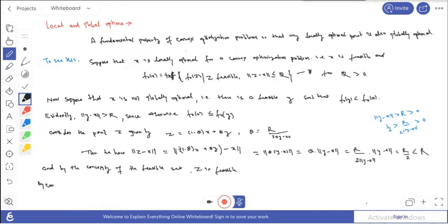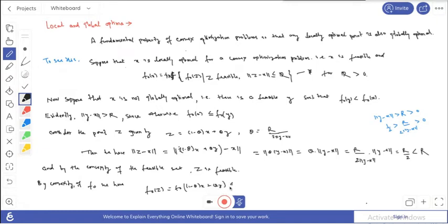By convexity of the function f naught, what is the value of f naught of z? This equals f naught of (1 minus theta) x plus theta y.